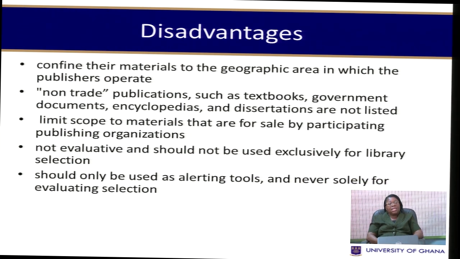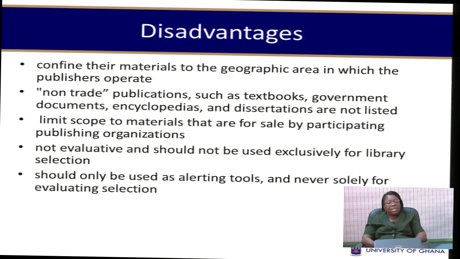Also note that certain non-trade publications, such as textbooks, government documents, encyclopedias, and dissertations are not listed in trade bibliographies. And so there is a limitation there. In addition, they are not evaluative, as I mentioned. They do not give you any annotation, neither do they give you any summary or abstract of the book.